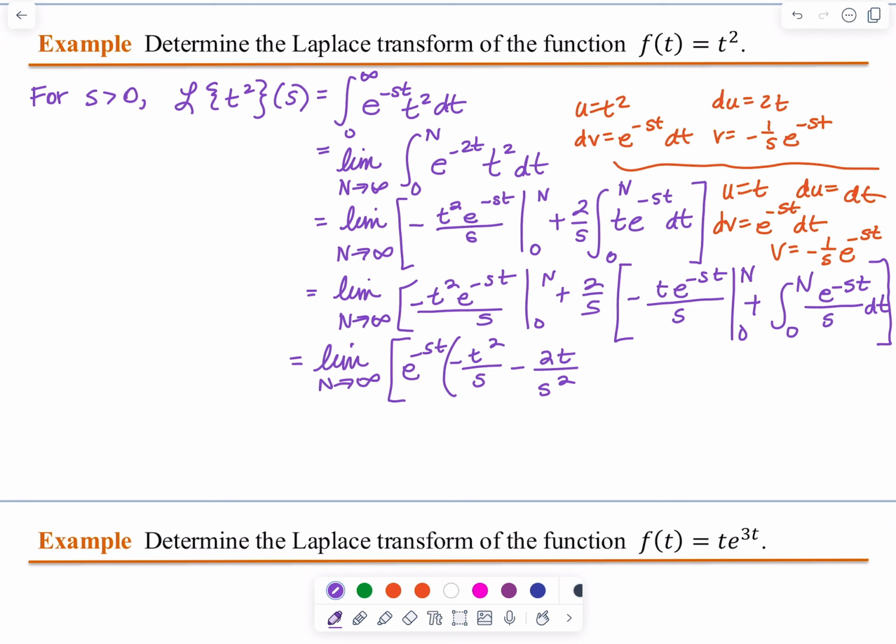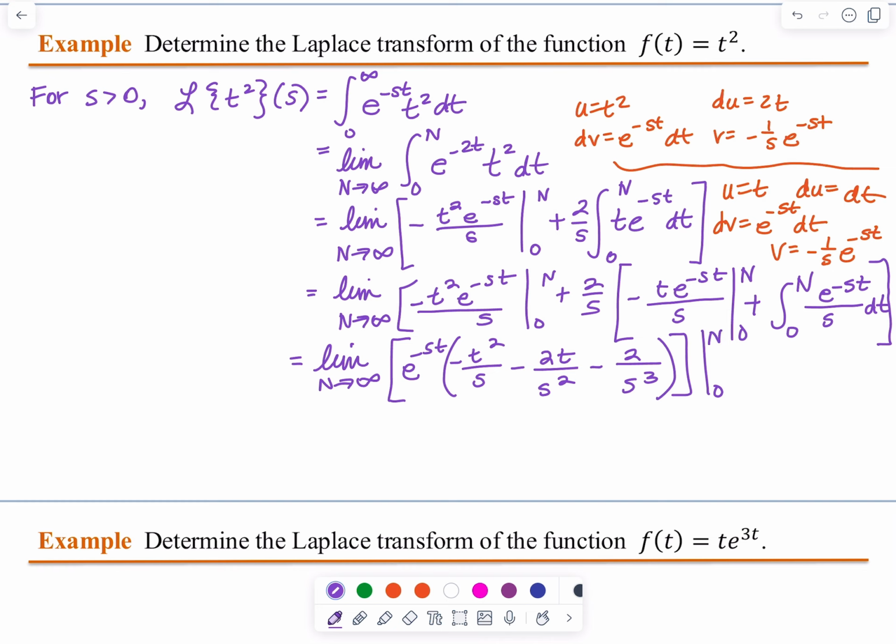And now, taking this next integral, we will have a negative 2 over s cubed. And then all of this will be evaluated from 0 to n.